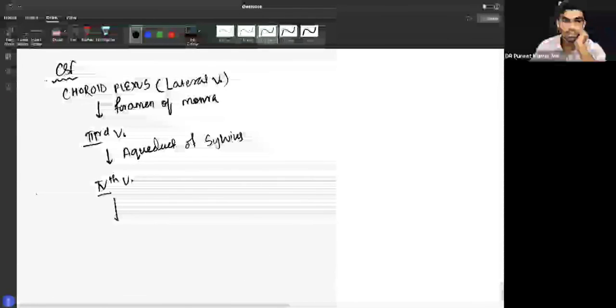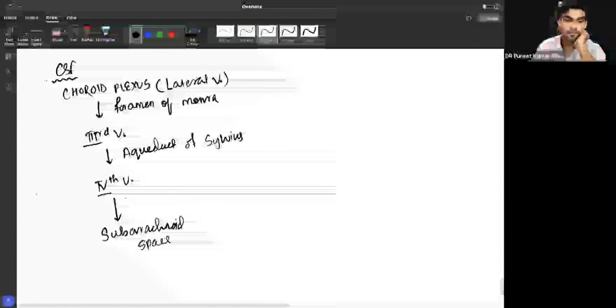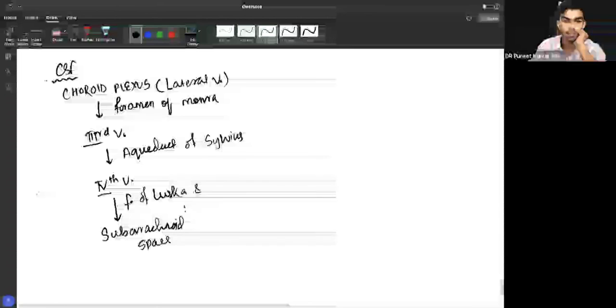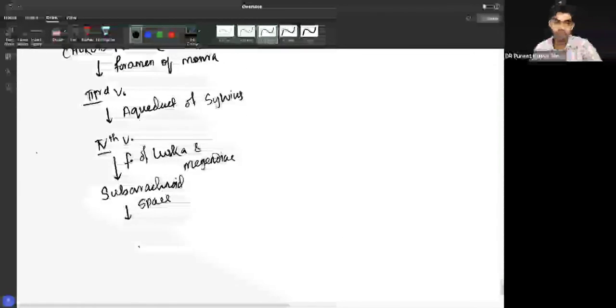From the fourth ventricle, it goes to the subarachnoid space through foramen of Luschka and Magendie. And these foramina are present on the roof of the fourth ventricle. Now the CSF is present in the subarachnoid space.